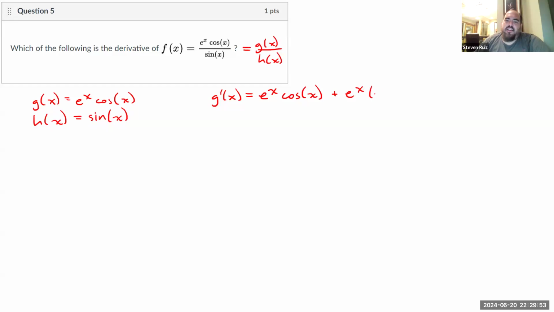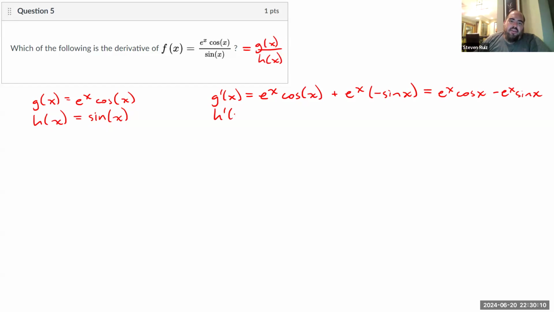What's the derivative of cosine of x? That is negative sine of x. Simplify this a little bit. So that comes to e to the x cosine of x minus e to the x sine of x.